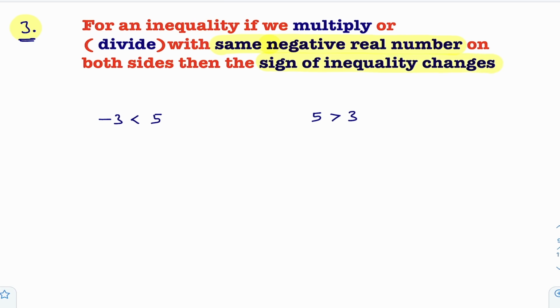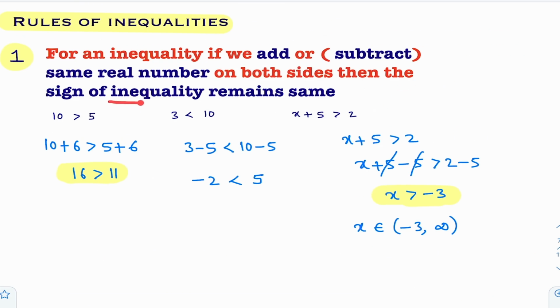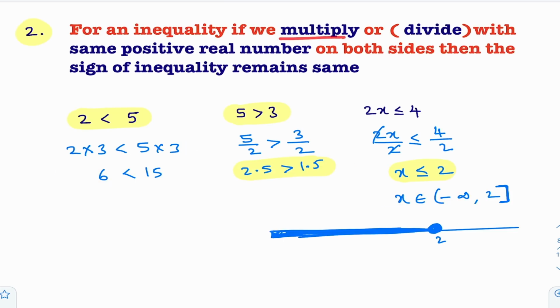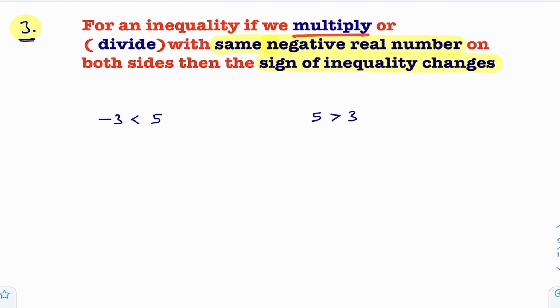Till now, in rule 1 and rule 2, the sign remains the same. Rule 1: the sign of inequality remains the same when we add or subtract the same real number on both sides. Rule number 2: when you multiply or divide with the same positive real number, the sign of inequality remains the same. Rule number 3 is what? When we multiply or divide with the same negative real number, the sign of inequality changes. First time you are seeing this, the sign of inequality changes.